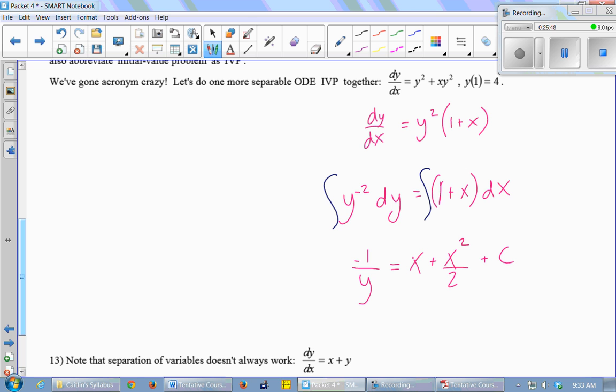And then I get to solve this thing for y. So what should I do? Yep. Multiply both sides by y, and then divide everything by the new coefficient on y. So I'm going to get negative 1 equals y times all that, x plus x squared over 2 plus c, and then divide by that coefficient on y.